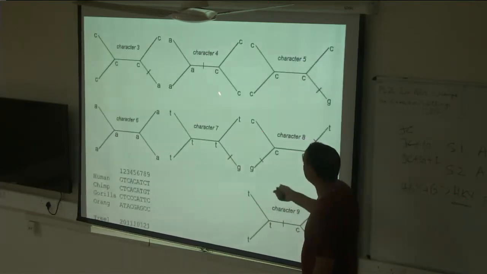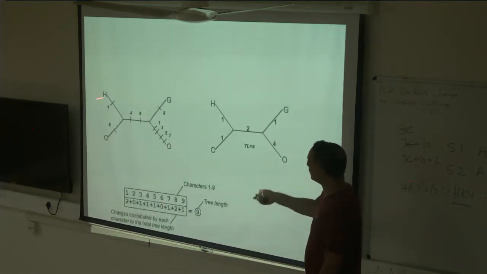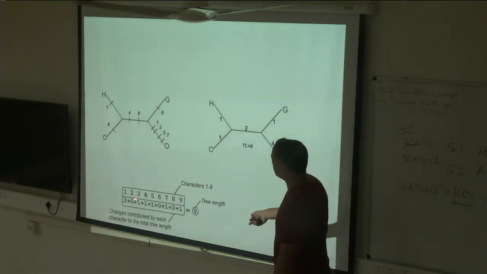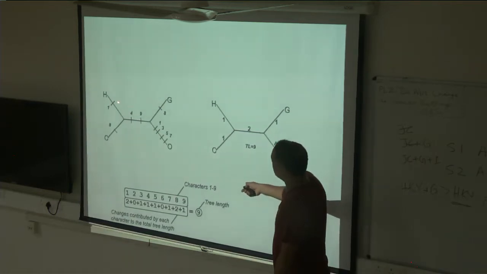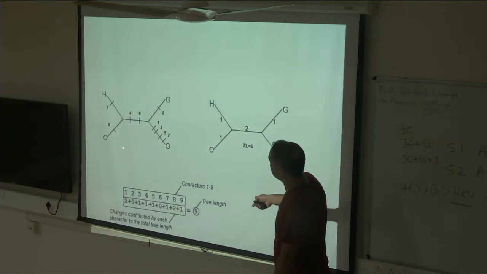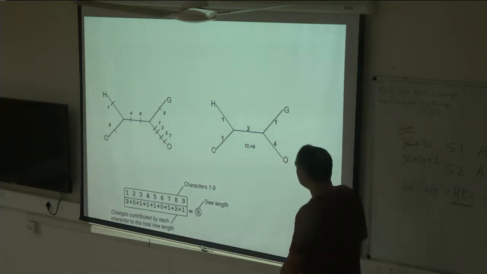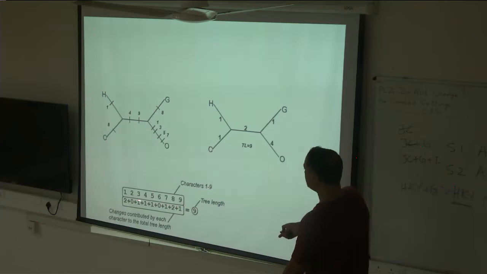So I've just taken all these changes for each of those characters and put them on one tree, and these numbers correspond to the characters. Fine? So character number 1, one change here, one change here. Character number 8 is also one change here, and so on. If you just count up the number of changes, that gives you the tree length.